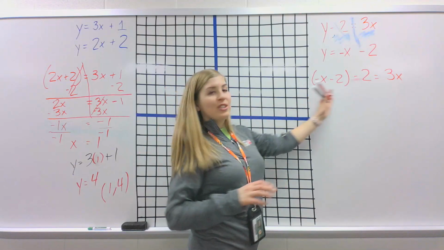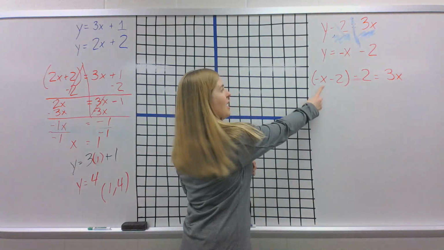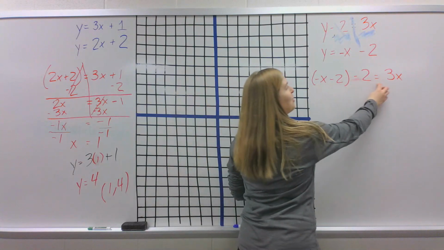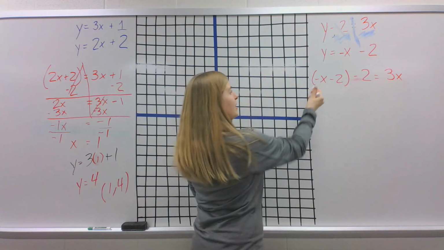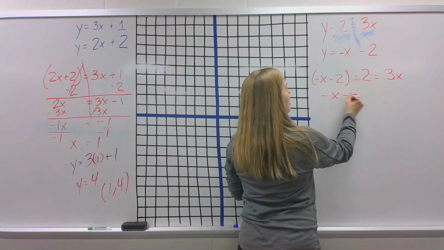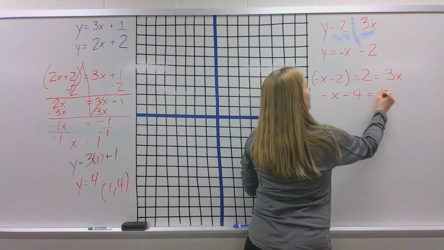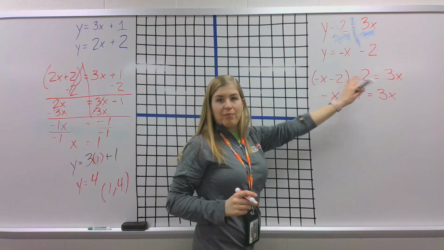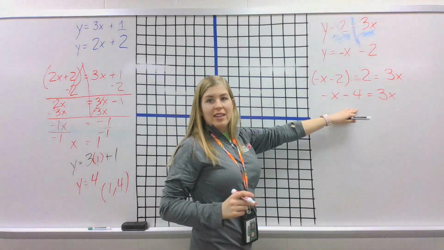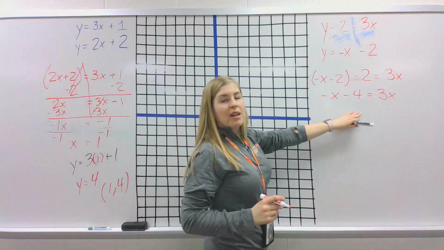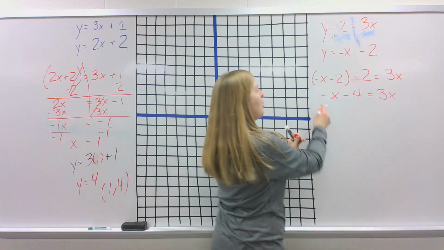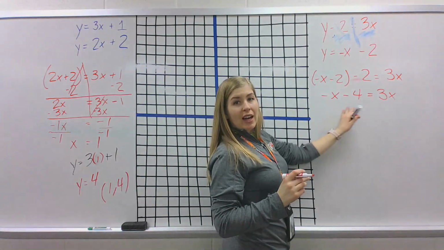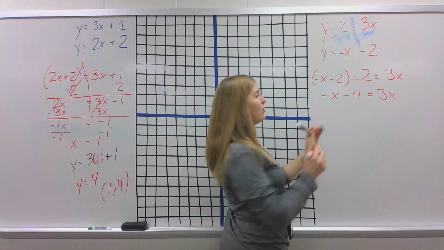So now we're going to just solve and combine like terms. Negative x minus 2 minus 2 simplifies to negative x minus 4 equals 3x. Remember how to do operations with negatives. Negative 2 minus 2 is negative 4. Negative x minus 4 equals 3x. These cannot combine together. They are not like terms, negative x and minus 4.